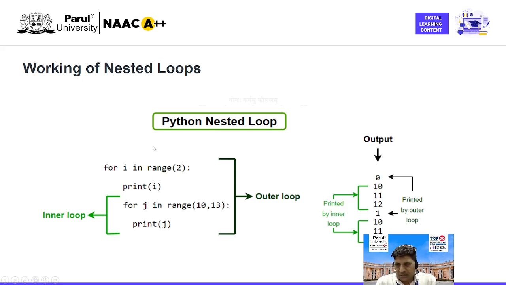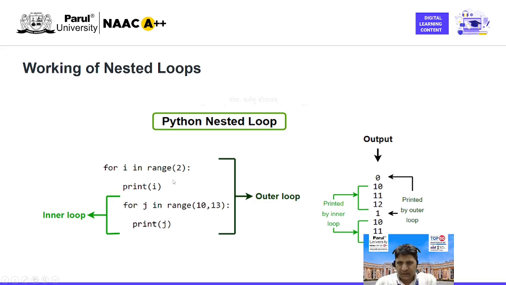It means the inner loop repeats multiple times, completely, until the outer loop executes completely. The inner loop always executes completely for a single value of the outer loop.